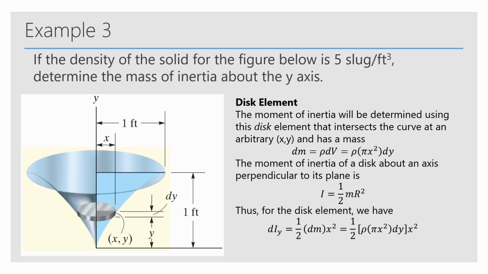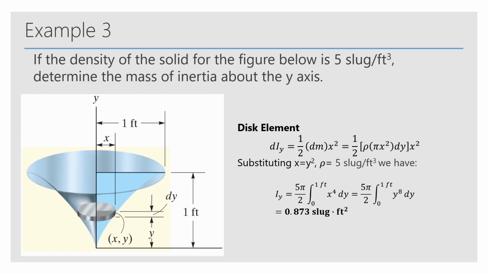The moment of inertia of a disk about an axis perpendicular to its plane is half times mass times r squared. And when we put these equations together, we get that the change in inertia in the y direction equals 0.5 times density times pi x squared, change in y, times x squared.